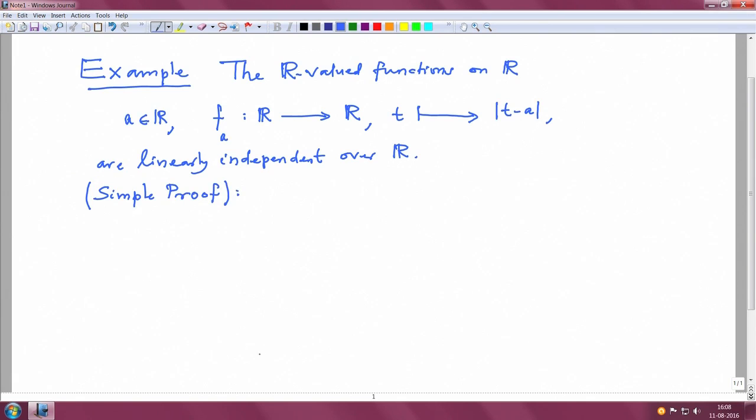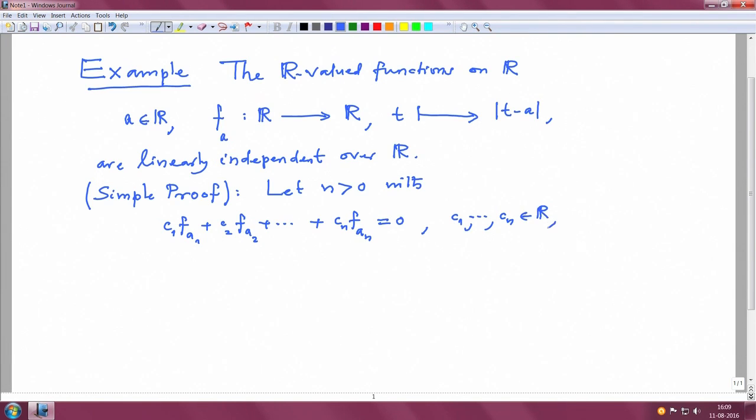We need to show that if, let n be a natural number with C1 f_a1 plus C2 f_a2 plus Cn f_an is actually the 0 function, where C1 to Cn are real numbers and a1 to an are also real numbers.